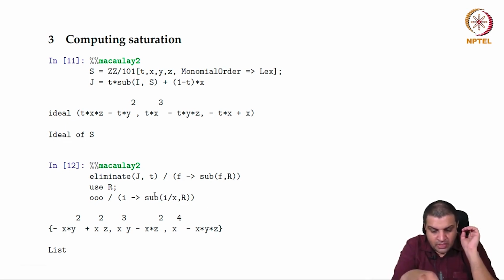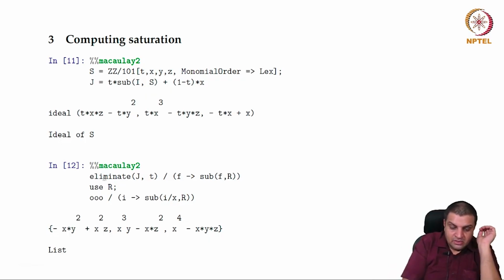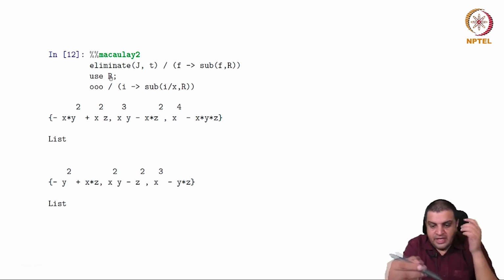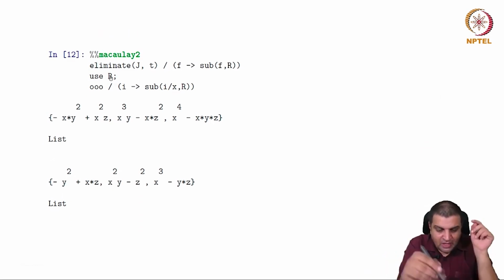So what are we doing here? Take this list. Okay, so eliminate j comma t is this list, but thought of as elements of S. So we're just using sub again to convert it to elements of R. Okay. Use R just to say now the variables refer to those of R, and then we ask it to divide these elements by x.